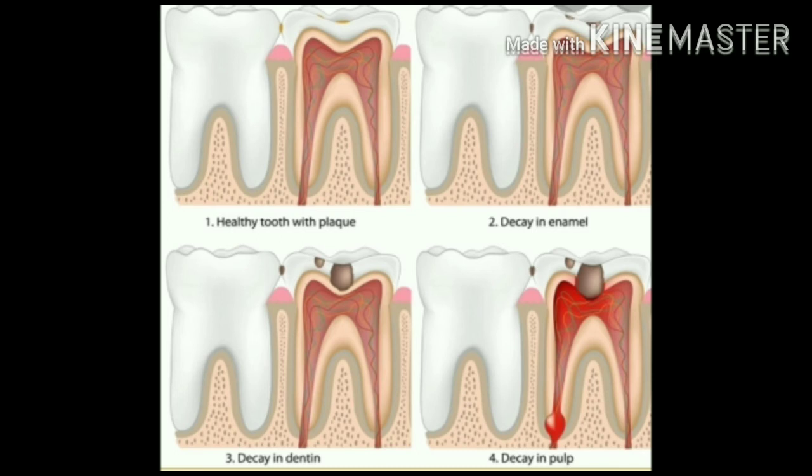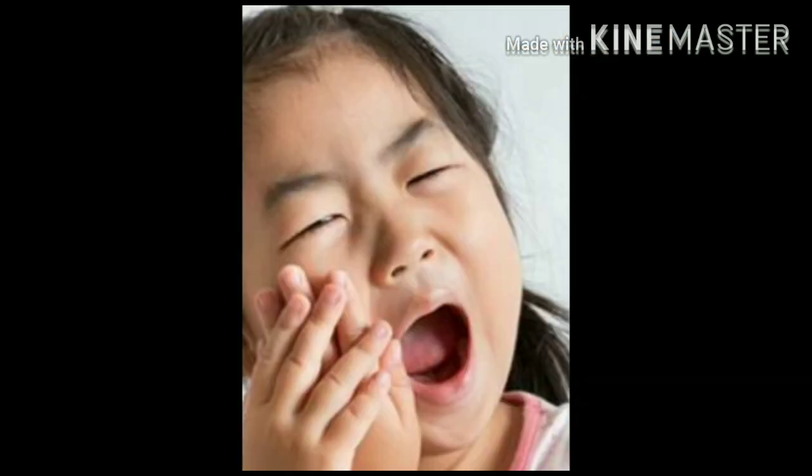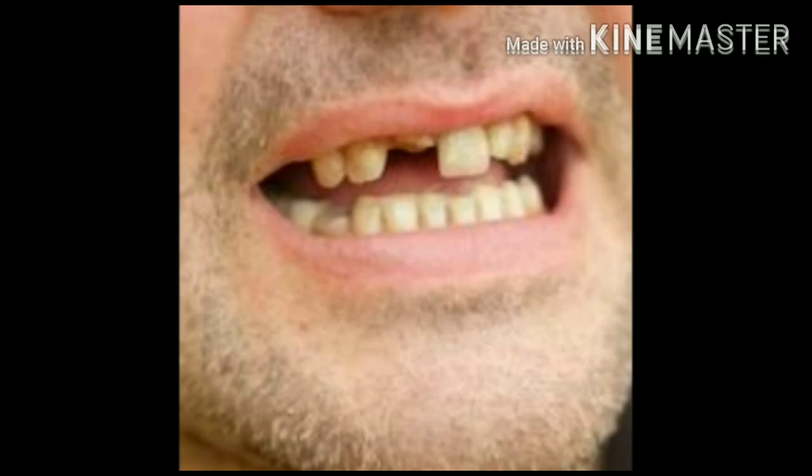These bacteria break down the sugars present from the leftover food and release acids. The acids gradually damage the teeth, and this is called tooth decay. If it is not treated in time, it causes severe toothache and in extreme cases results in tooth loss.